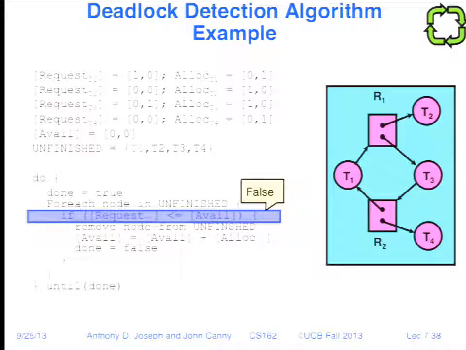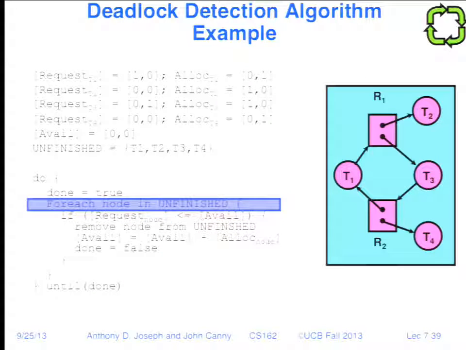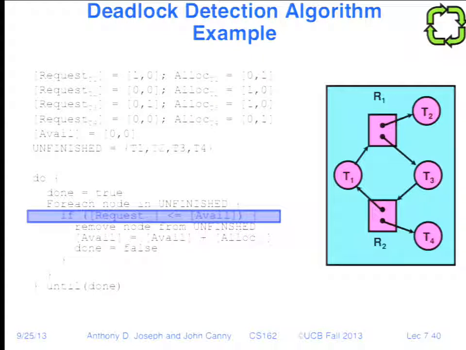The request, so we pick a node which is going to be unfinished, so we'll get T1 first. T1's request here, 1, 0, is it less than the available resources? Well, there's nothing actually available right now. So that's going to fail. And we'll skip to the next node. Okay, so it's going to be T2.